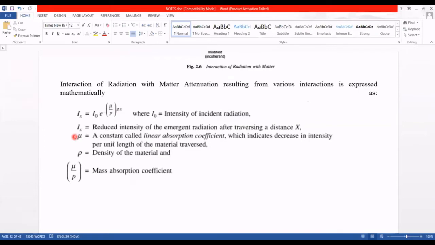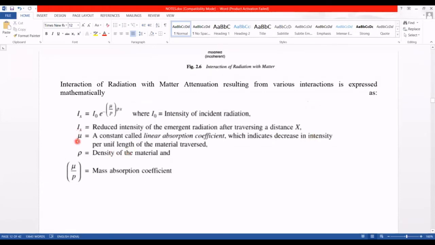After penetrating through a distance x, some intensity of radiation is decreased. That quantity is expressed by Ix. And here mu is a constant.